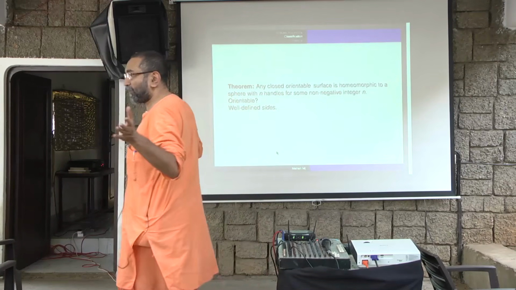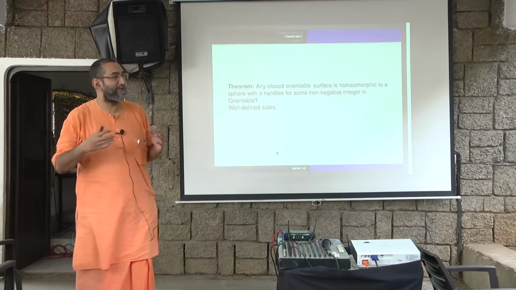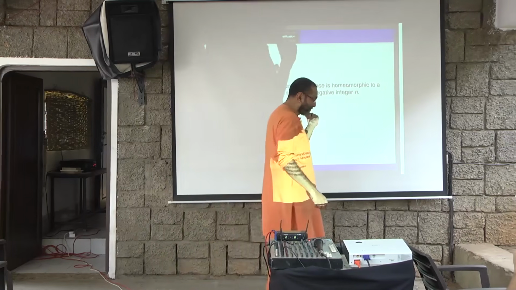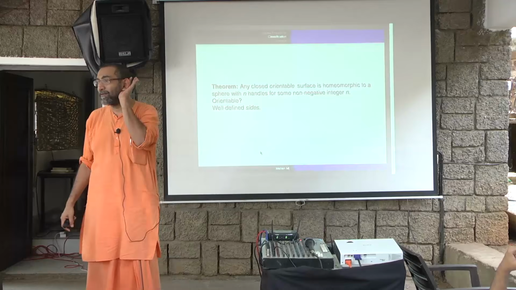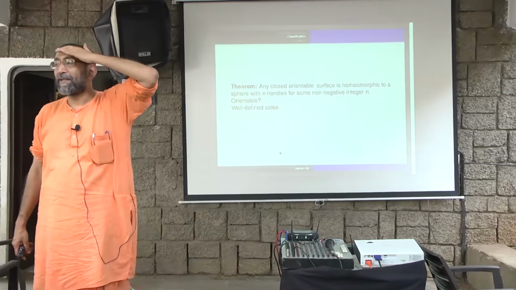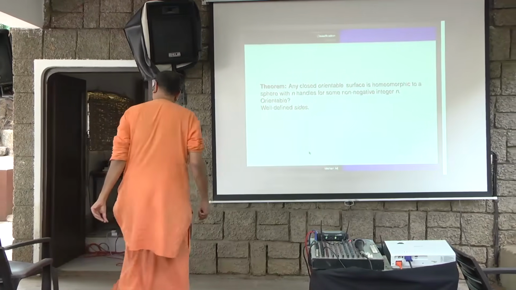So think of a closed surface which does not have a well-defined notion of an inside or an outside. Yes? Something twisted. Oh, fantastic. So people have come here knowing mathematics. This is not fair. Okay, good.